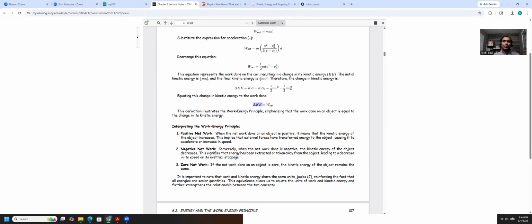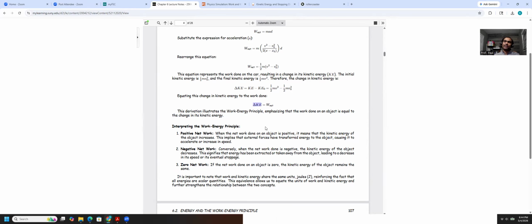Negative work done is the opposite. So if this is negative, this is negative, and this negative means kinetic energy decreases. Kinetic energy decreases means the speed decreases. Okay, and then zero net work. Zero net work means that if this is zero, this is also zero. So that means the kinetic energy does not change.